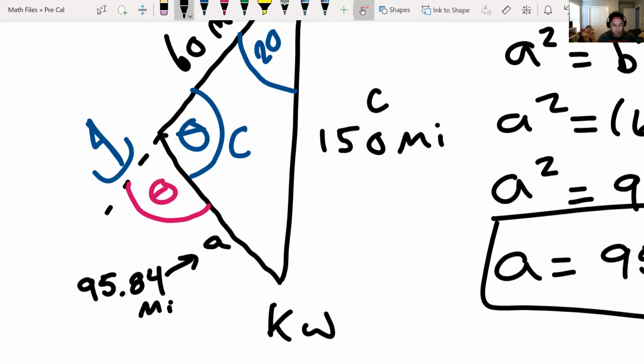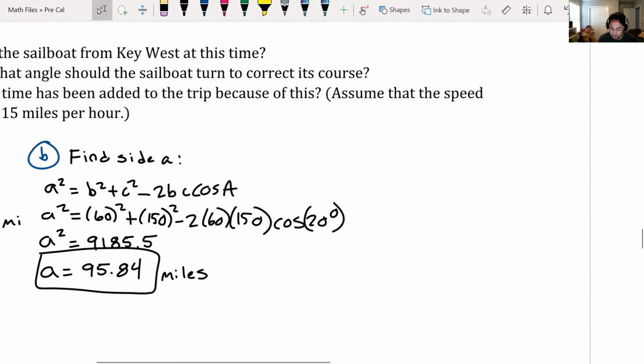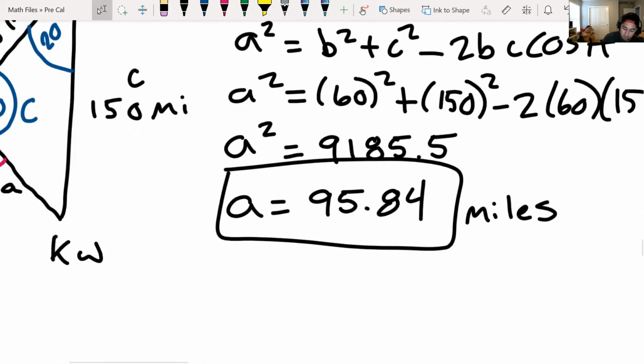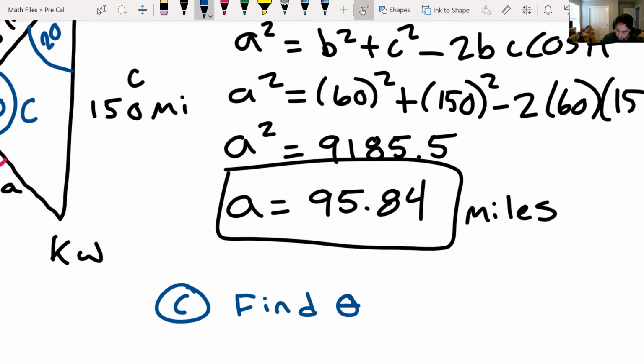Okay, which means now we can solve for blue theta, and once we find blue theta, we can find red theta, or pink theta, whatever color it is, right? So this would be C. Find theta, blue theta, right? Or we're calling it C, right? Find angle C.